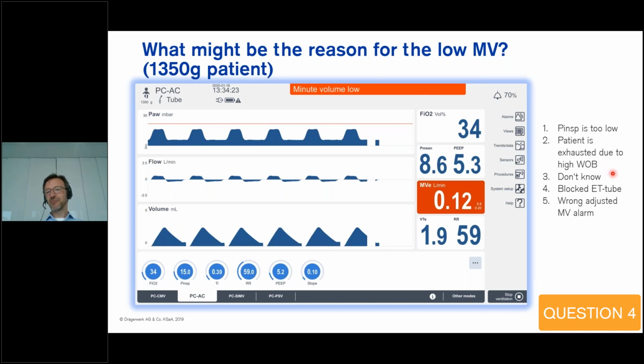Number 3 is don't know, I need to ask a colleague. Number 4, this is a blocked ET tube. Or number 5, this is a wrongly adjusted minute volume alarm limit, so we do not have any problem here. So we start the voting now.